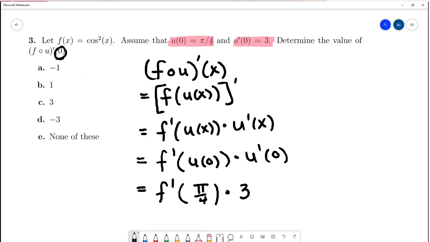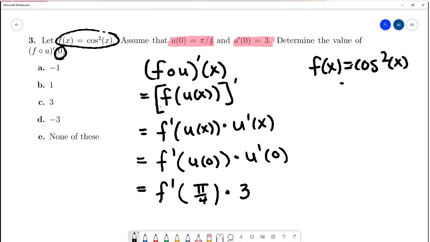And I need to do a little bit more work here because I have f, but I don't have the derivative of f. So f of x is equal to cosine squared x. I'm going to think of this as cosine of x squared. I need to calculate the derivative using the chain rule.